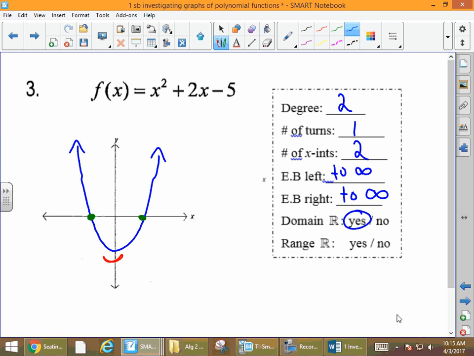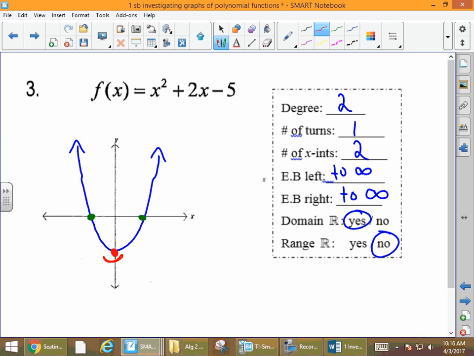But is our range all real numbers? And the guess, based on my tone of voice, is no. And in fact, it isn't. And one of the reasons that we know it's not is because we ask ourselves, do we have a high point on the graph or a low point on the graph? And in this particular case, we have this low point right here.